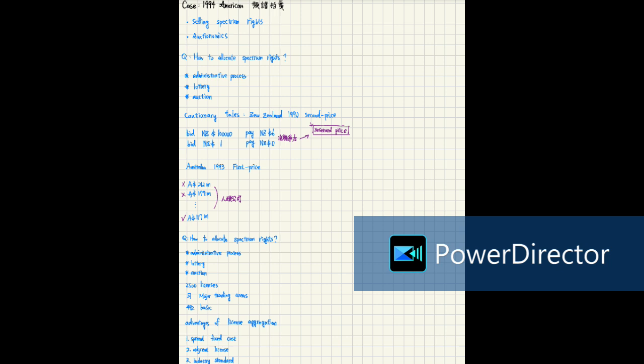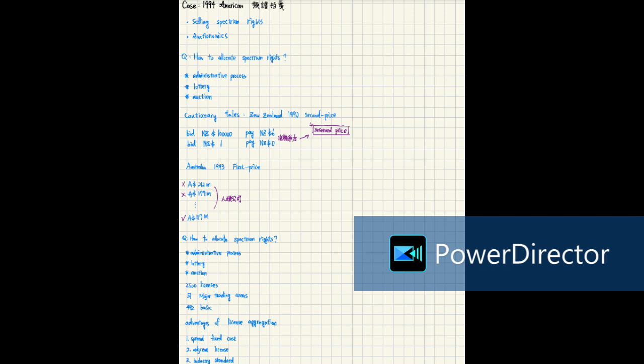And the lottery didn't make sense either, because a lottery means everyone can compete and attend, right? So if everyone can attend, those who do not need spectrum can sell it after they win the lottery. So there is not very much market efficiency.